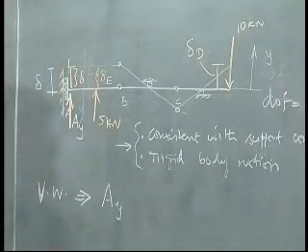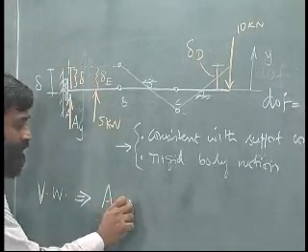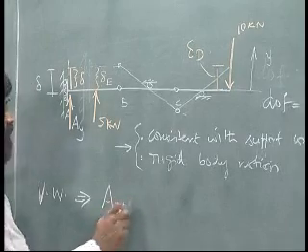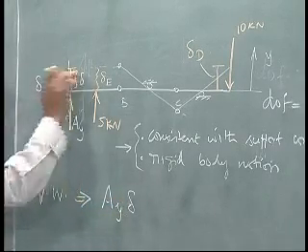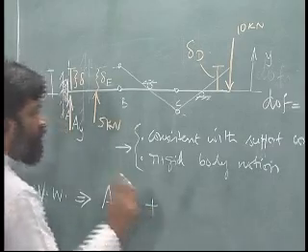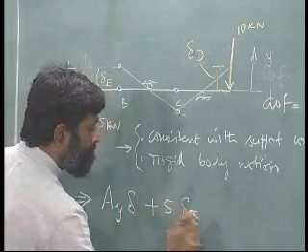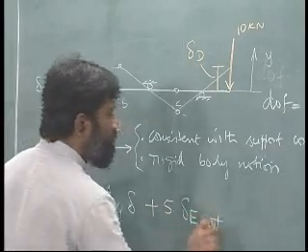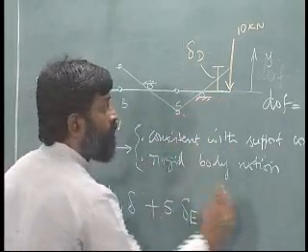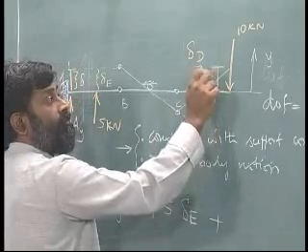Here, since only one direction is existing, I just have to write times delta, positive quantities, plus 5 times delta E. Delta D is upward.